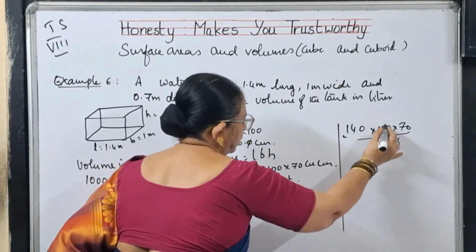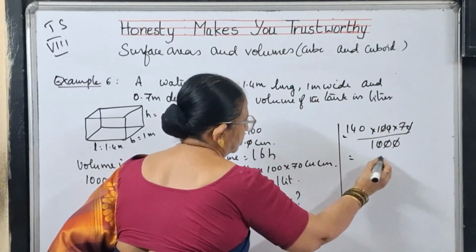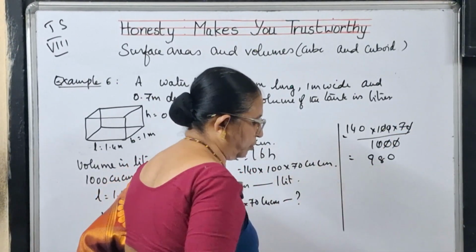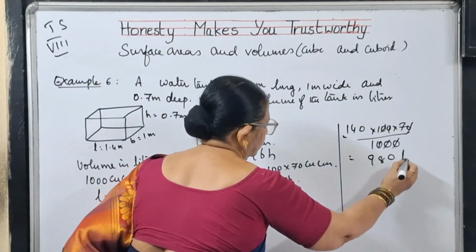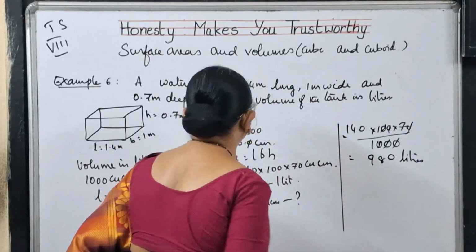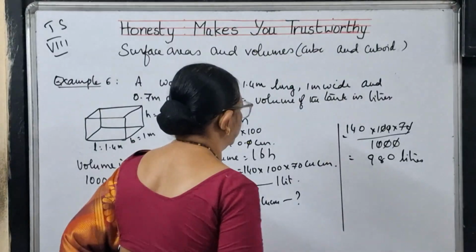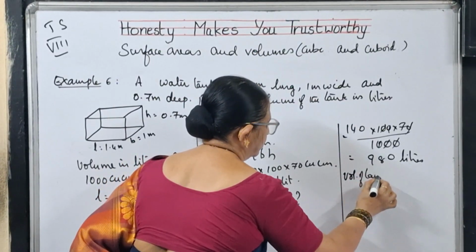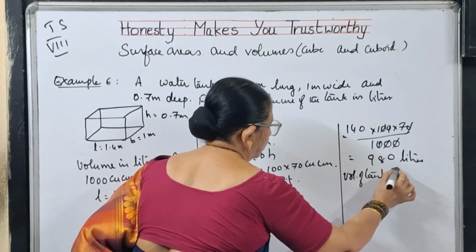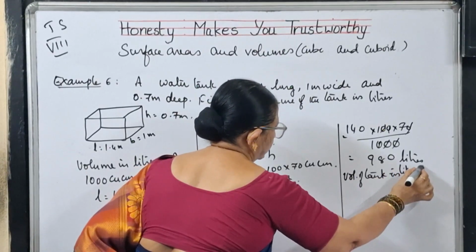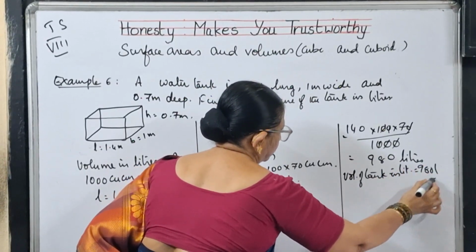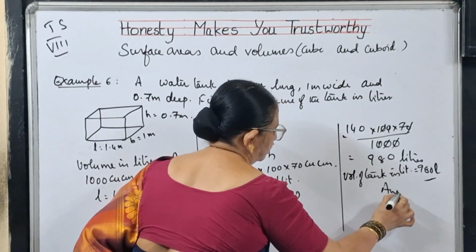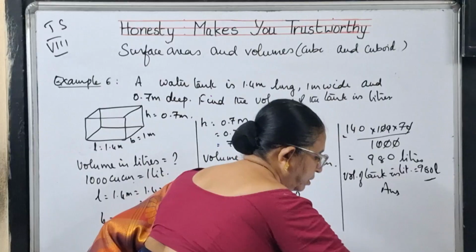Cancelling the zeros, we get 980 liters. So the volume of the tank in liters is 980 liters. This is the answer for this problem, children.